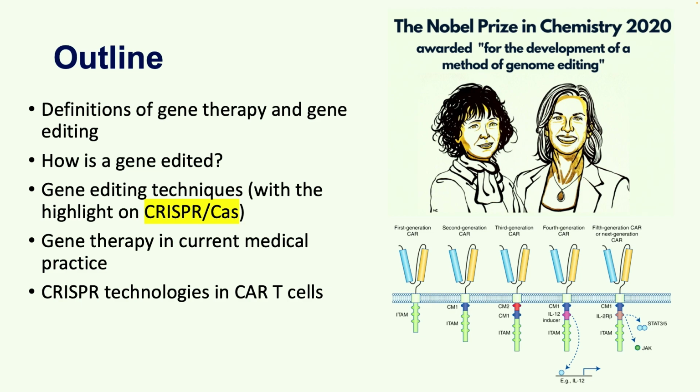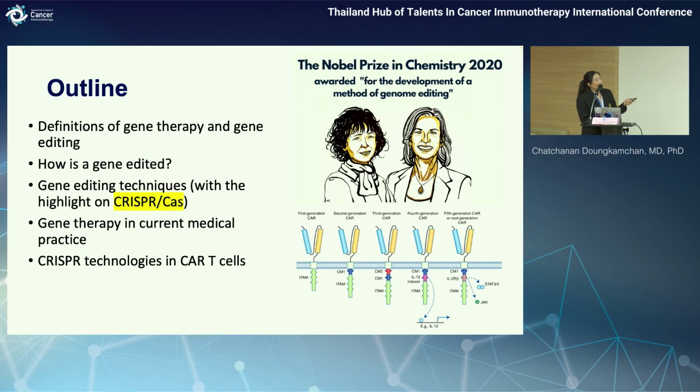And as you can see here, I also put the picture here. By now, everyone probably knows who they are. These are Dr. Charpentier and Dr. Doudna, who were awarded the Nobel Prize for their discovery and development of a method of genome editing, which is CRISPR to be specific.